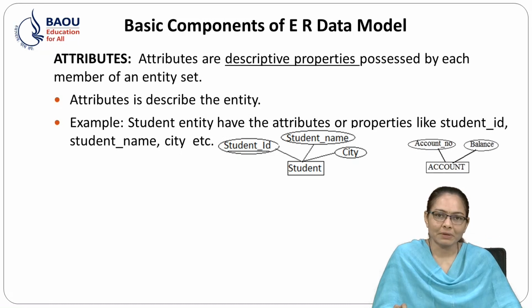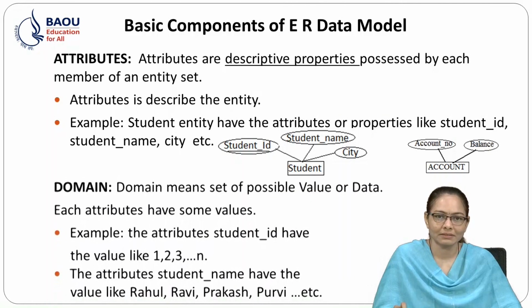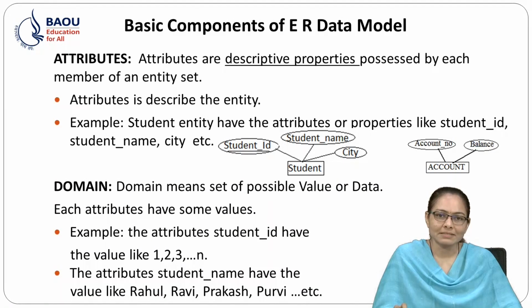Another example is the account entity. Account is an entity and account number and balance are the attributes used to describe the entity set. An attribute is a column name or a field name in a relational data model. Now, what is a domain?